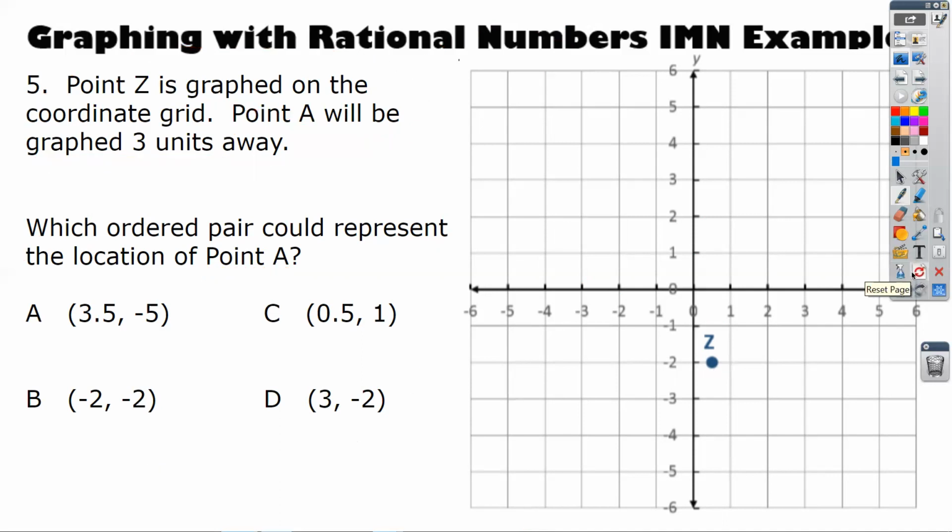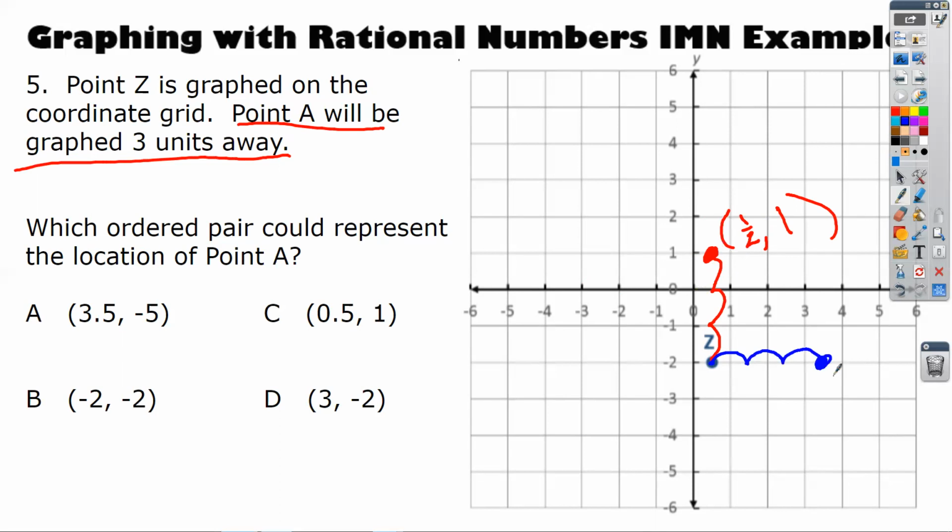Now, it says which ordered pair could represent point A, and it said it's 3 units away. So we're going to jump 3 units. So 1, 2, 3. And that coordinate is a half jump to the right and a full jump up. And then I can go 1, since it started in the half, 1 full jump would be from half to half. Then 2, 3.